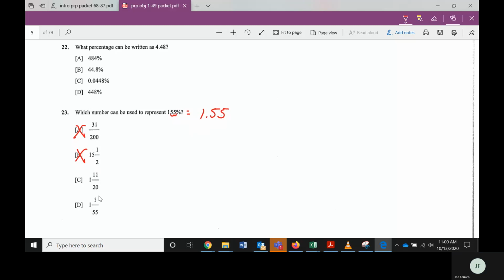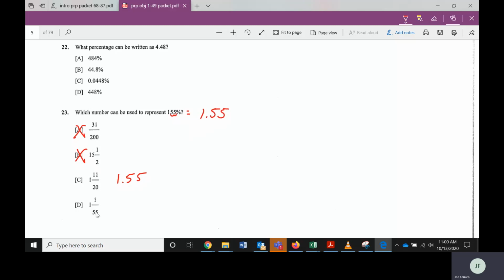All right, so 2 ways of doing this now. We have 2 answers that have 1 as the whole number. So now let's figure out what the fractional part is. And we want it to equal 0.55. So this is going to be 1 point. So we're going to take 11 divided by 20. And that comes out to be 0.55.